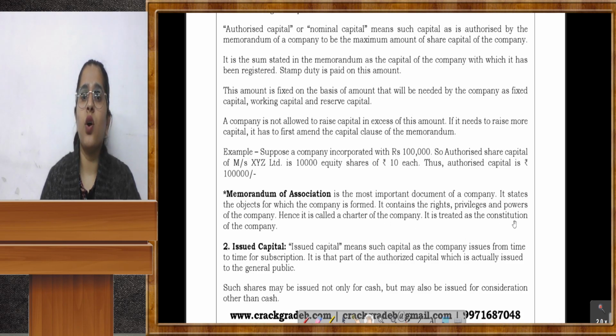It is treated as the constitution, like we have the Indian constitution where all the rules and regulations are written, that how India will carry on its government, what type of government there will be, what the relation will be between center and state. Similarly, every kind of detail regarding a company is mentioned in the Memorandum of Association.